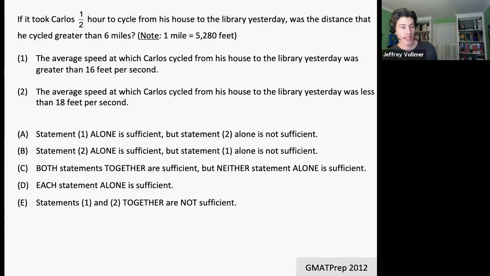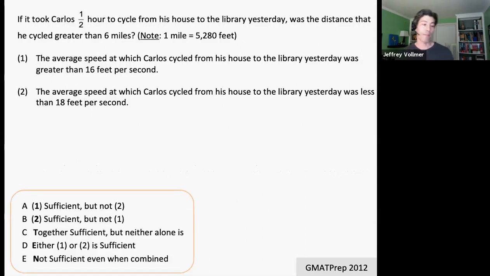All right, we're pushing 1.5 minutes, just so you're aware of your time. All right, I'm going to move the answers down a little bit, give us more room to work.